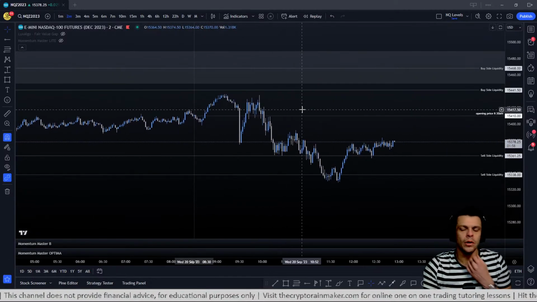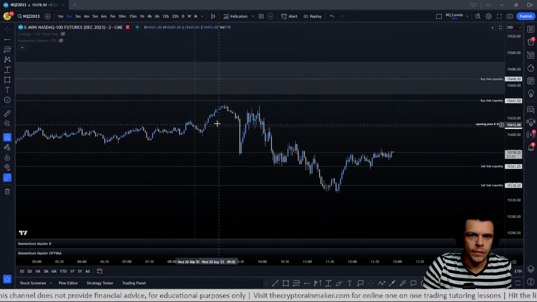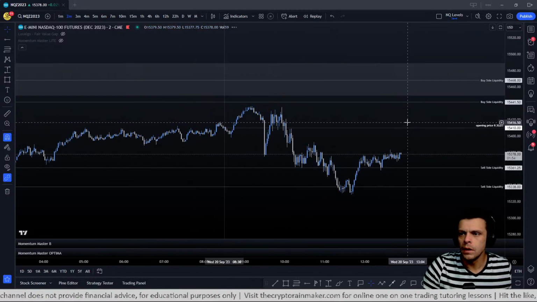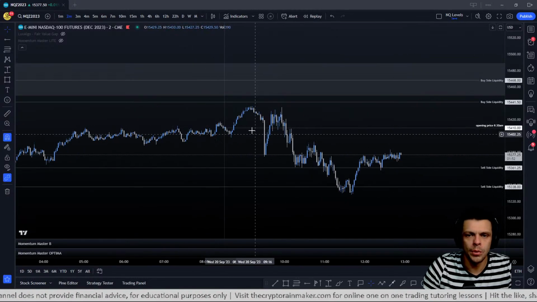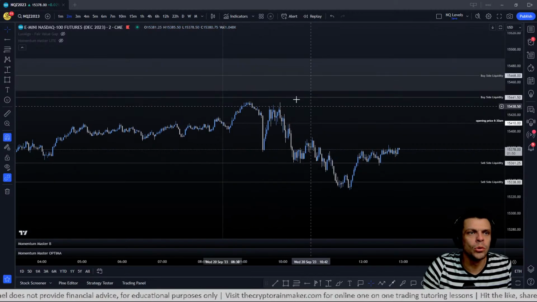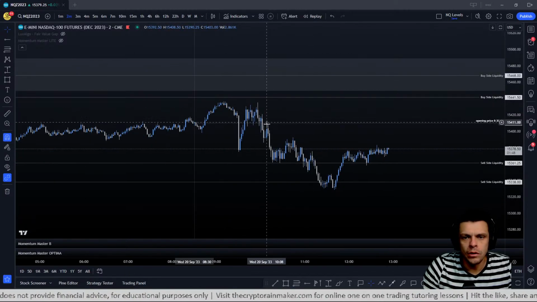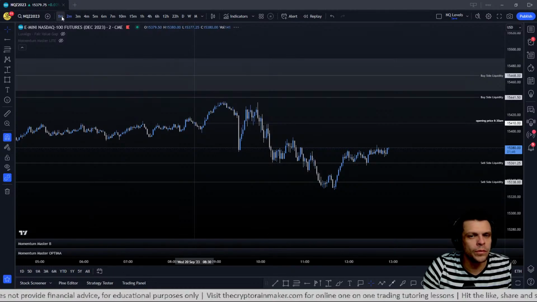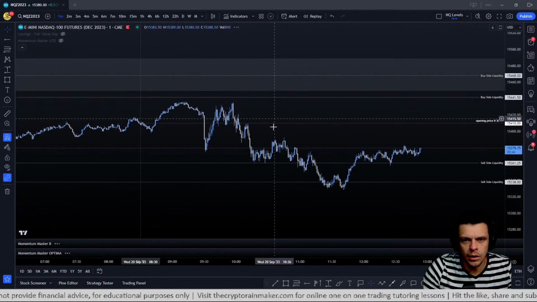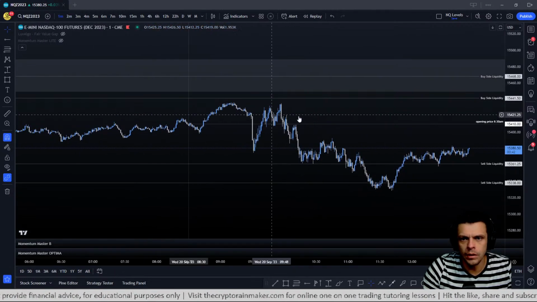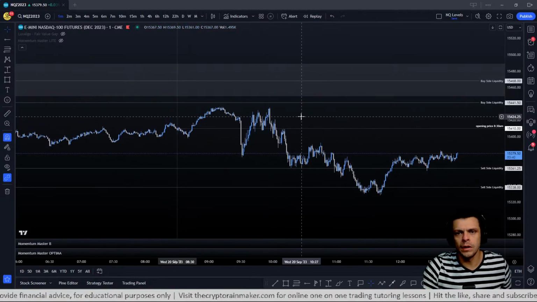So if you are bearish, the idea is when we get above the 8:30 opening price, you want to be looking for a short. So I missed the initial little imbalance right here that was formed on the 1 minute, I believe. Right there. So that would have been the ideal entry.